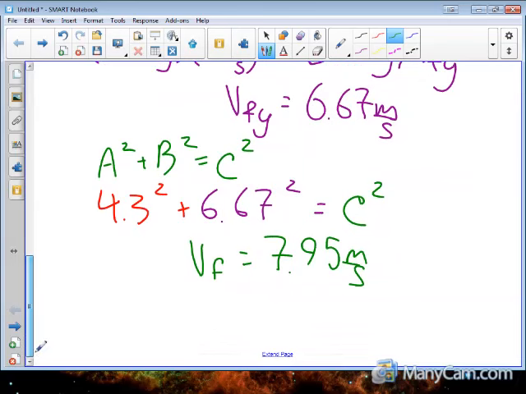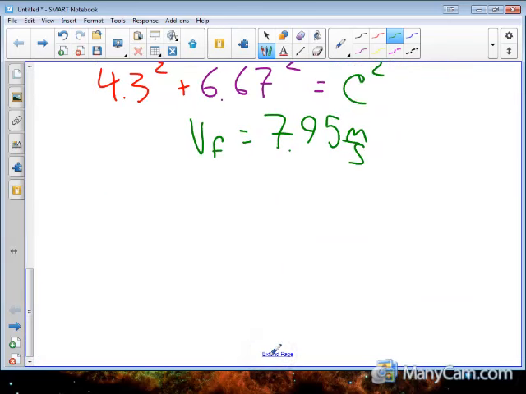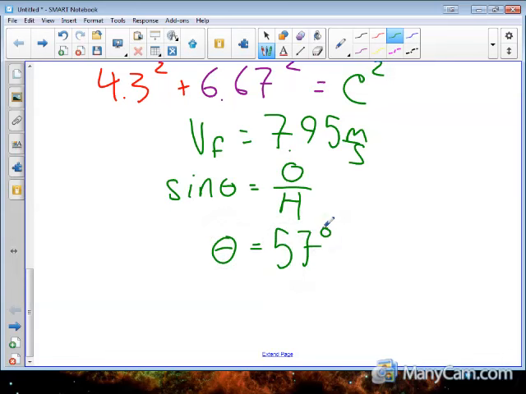So I can just do simple trig. You all need to know how to do this. Sine theta equals opposite over hypotenuse. I now know my opposite and my hypotenuse. I get that theta, that angle, is 57 degrees. So hopefully you're able to do that. If not, you don't deserve to graduate.